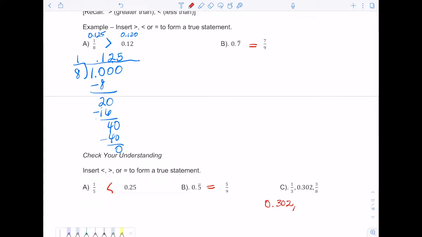And then it goes to 1/3. And then it will be 3/8. So you want to make all of those decimals, convert them to decimals, and then compare from least to greatest. So this is least to greatest. As I go to the right, those decimals and fractions are getting larger.